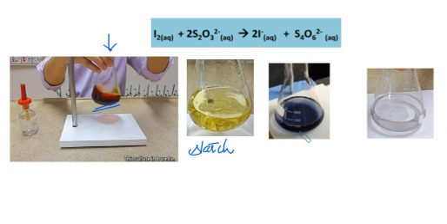This is the color of starch in the presence of iodine. After that, the titration will be carried forward. More sodium thiosulfate will be added drop by drop until in a single drop we get a colorless solution. When the solution turns colorless, we come to the conclusion that all the iodine has reacted.